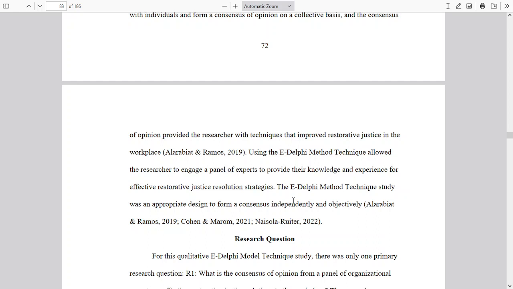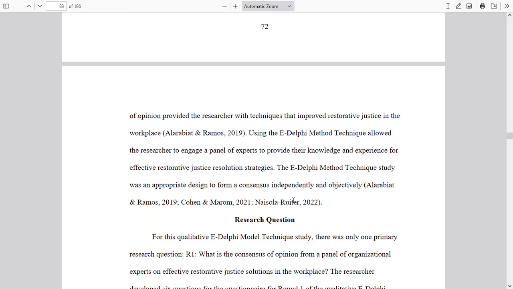Using the E-Delphi Method Technique allowed the researcher to engage a panel of experts to provide their knowledge and experience for effective restorative justice resolution strategies. The E-Delphi Method Technique study was an appropriate design to form a consensus independently and objectively.